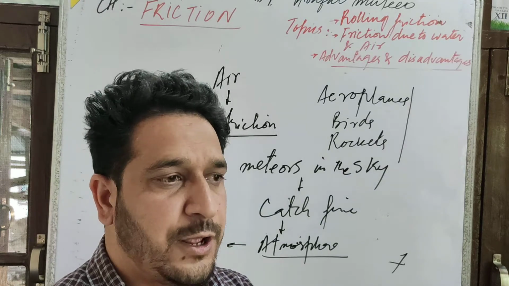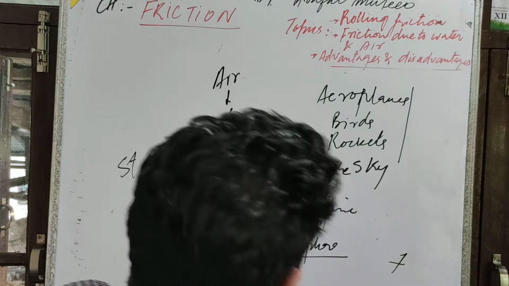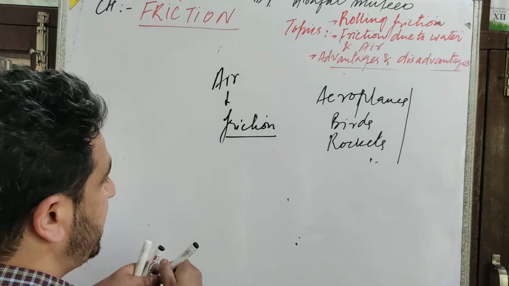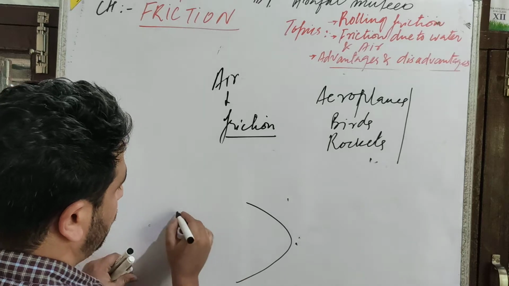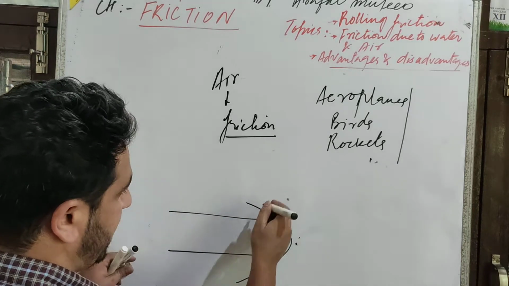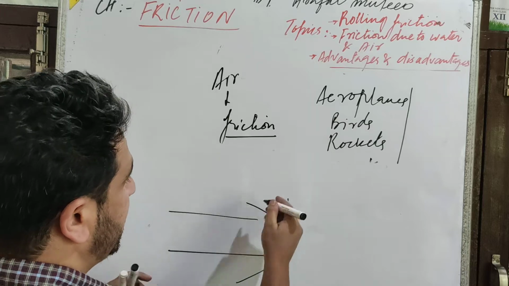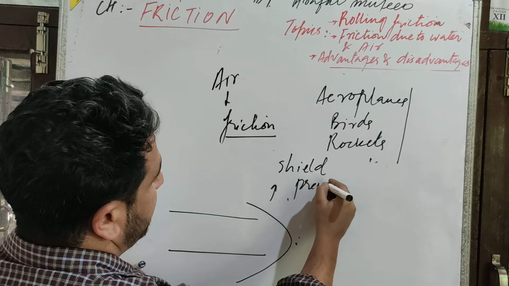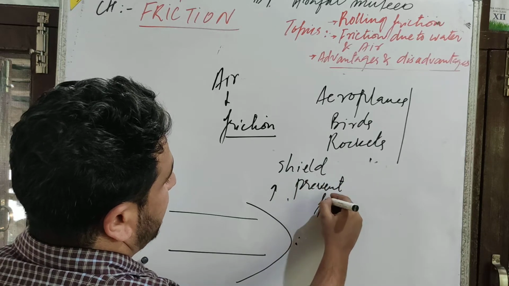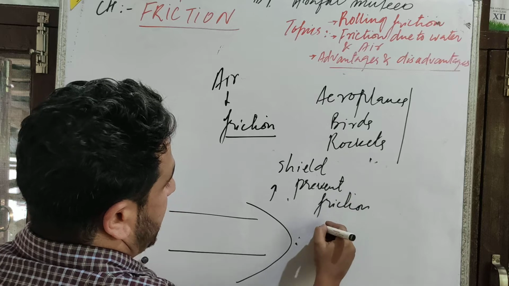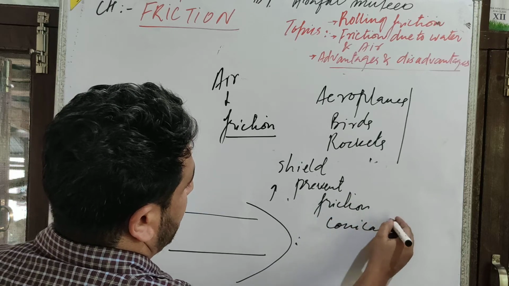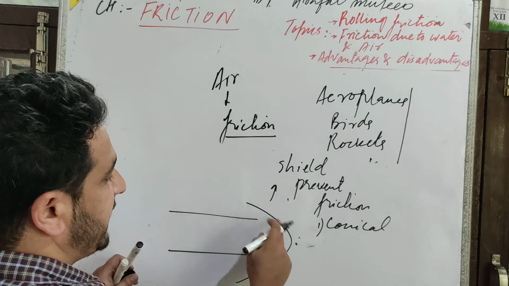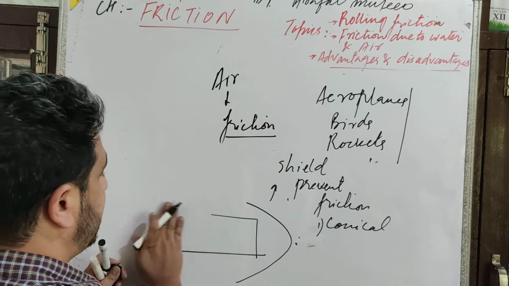because they don't catch fire. Therefore जो रॉकेट्स हम बनाते हैं, स्पेस शटल बनाते हैं, उसका कैप होता है। कैप क्या होता है? वो दैट इज वेरी रेजिस्टेंट। ये कैप एज अ शील्ड होता है, ऐसे शील्ड। It prevents the friction, friction is minimized. ये कोनिकल बनाया जाता है, कोनिकल नंबर 1, और ये शील्डेड होता है। This shield, if it catches fire, this space shuttle is then protected.